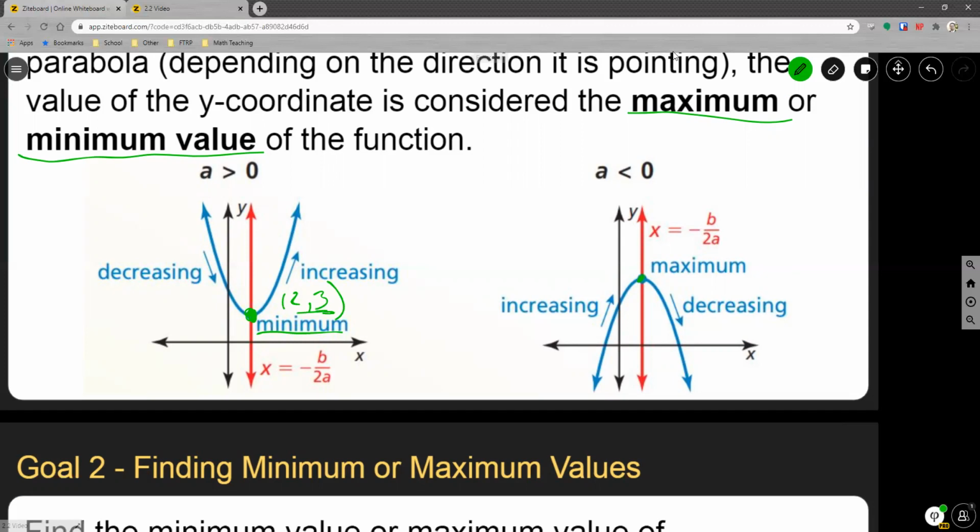Likewise, if I've got a parabola that's pointed down, the maximum value is that of the vertex. It's at the very top of the mountain. And again, if I've got some value for this vertex, let's say it is at 2, 5, that maximum value will be the y coordinate of the vertex, or in this case, a value of 5. The highest point on the graph is 5.